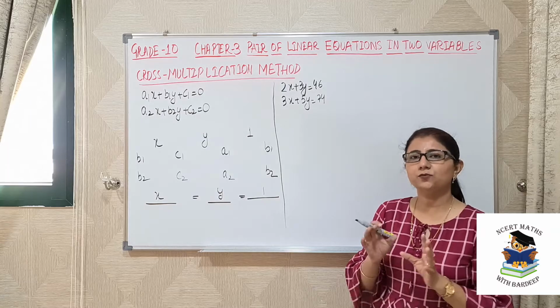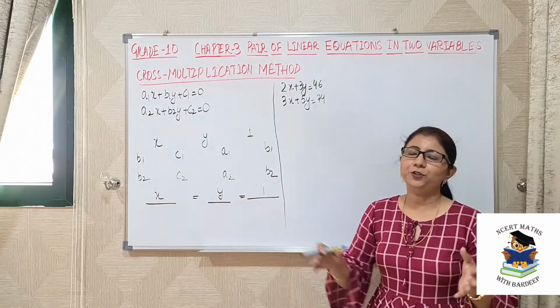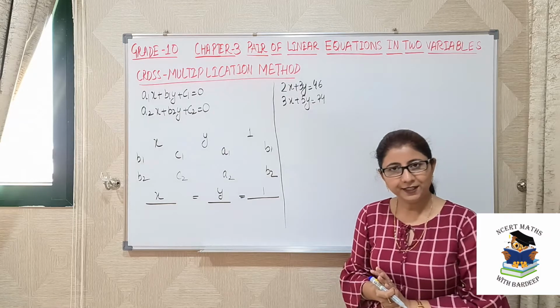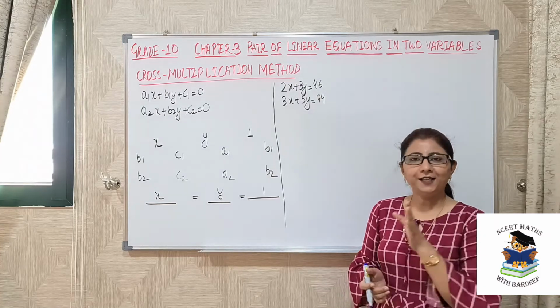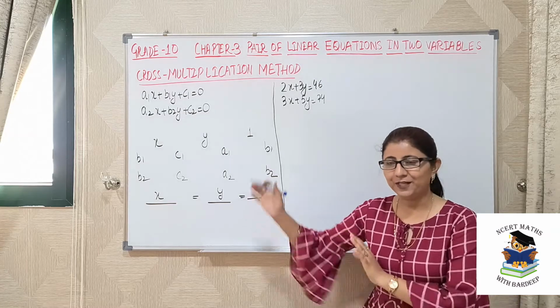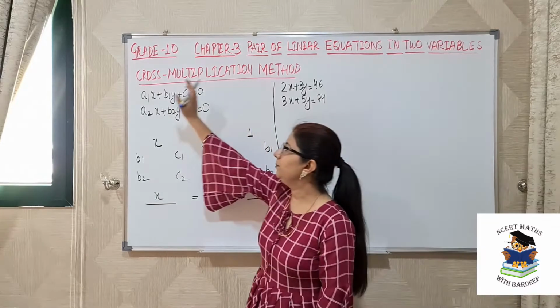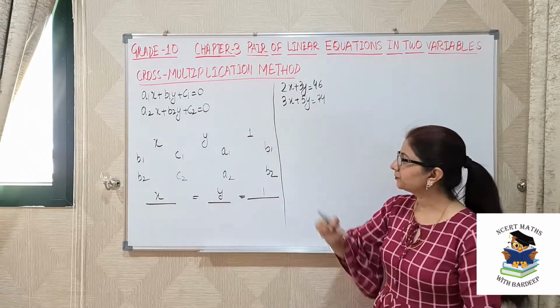In those cases we will use the cross multiplication method. Otherwise we prefer using substitution and elimination method, unless it is mentioned to solve the equations by this method, that is cross multiplication. So what is the first step? Make your right hand side 0.